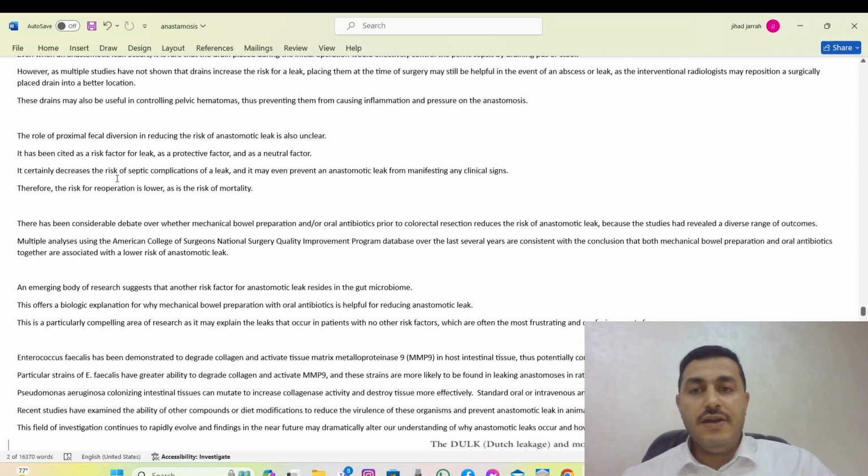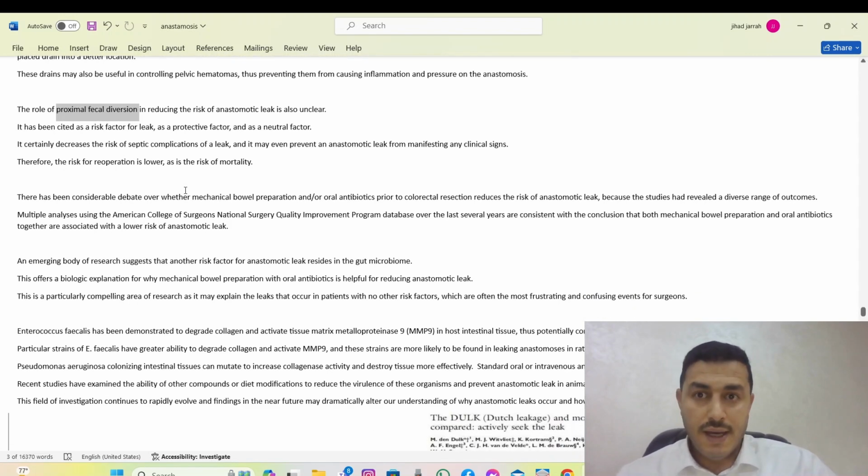Another unclear parameter is the usage of fecal diversion, especially protective fecal diversion. It's not clear whether it's a risk for leak or not, or helps in controlling the leak.